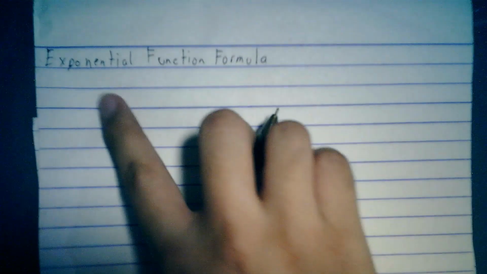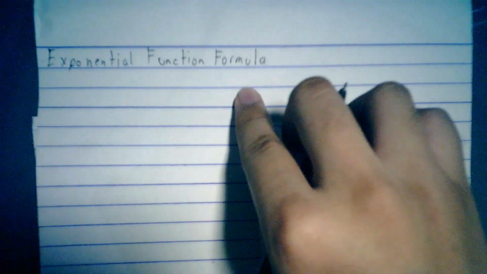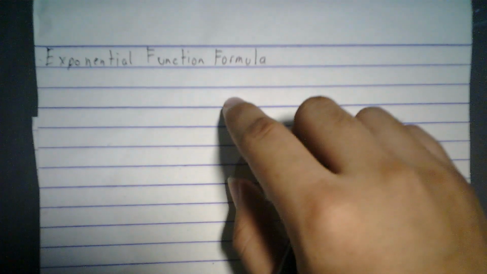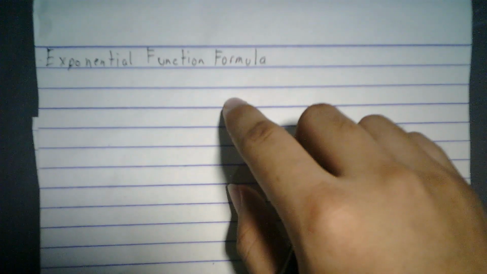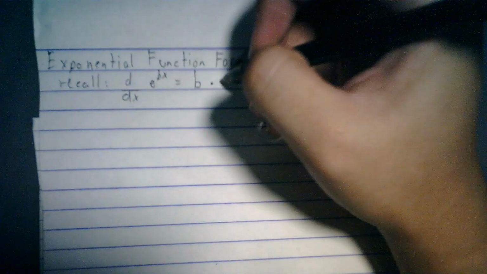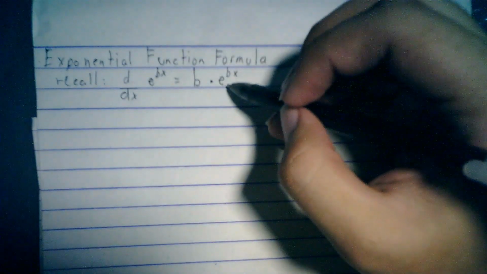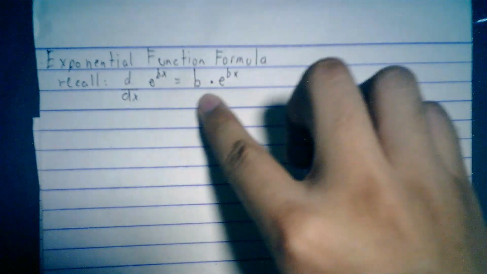So we are back with the exponential function formula. First, we need to recall the derivative, or differential calculus. So recall d over dx of e raised to bx is equal to b times e raised to bx. This is our derivative formula.